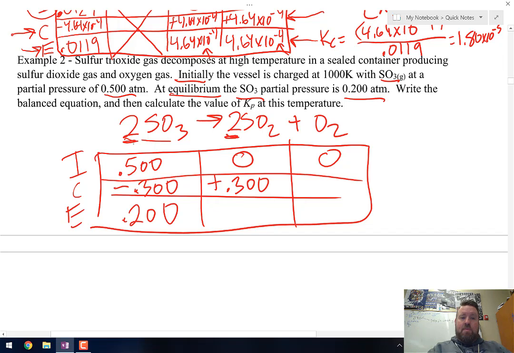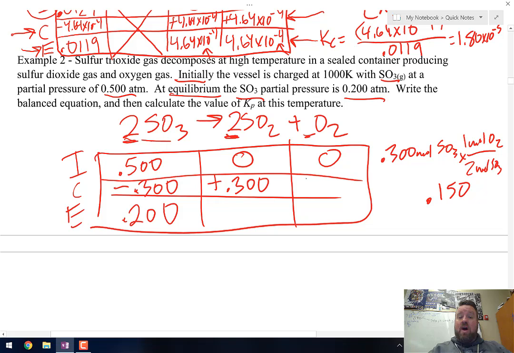Okay? But then from SO3 to O2, there's half as much of the O2 made. And you can show this. You can say 0.3, just like if it were moles. Moles of SO3, and then you could say 2 moles of SO3 is going to make 1 mole of O2, and that just shows that, okay, we're going from 0.3 down to 0.15.